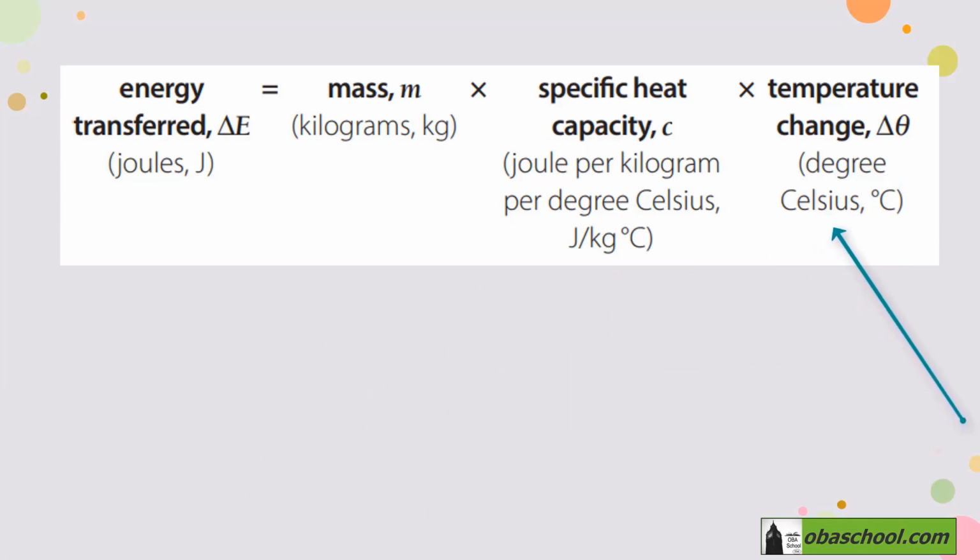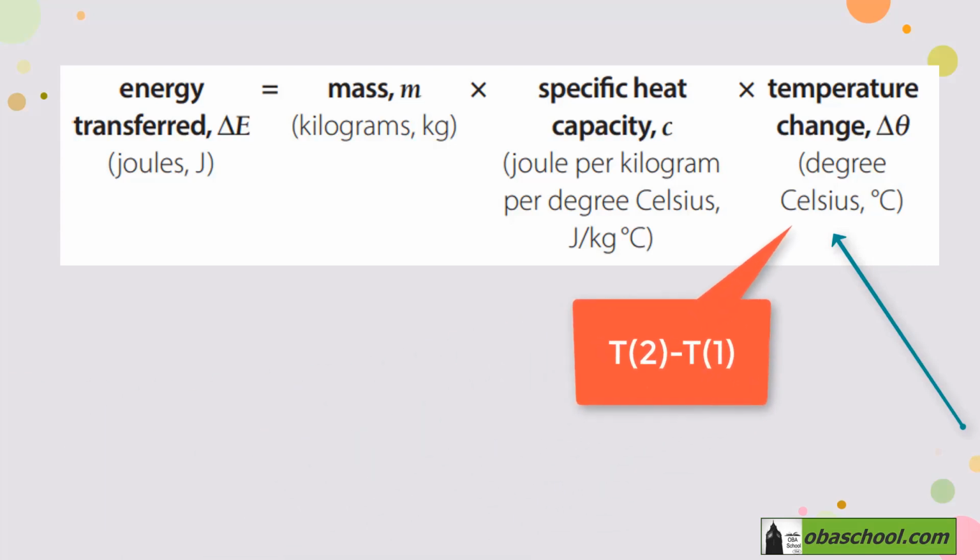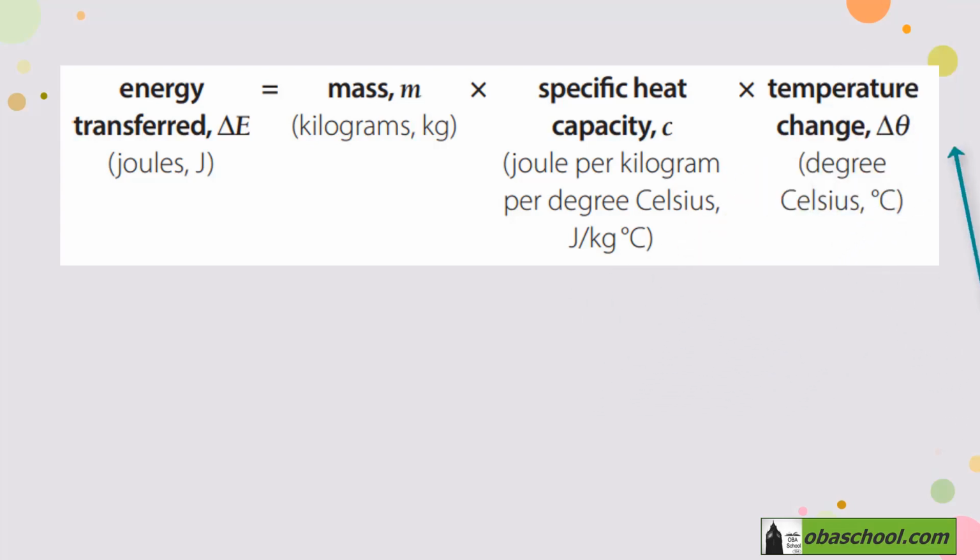multiplied by the temperature change, delta theta, measured in degrees Celsius, or the difference in temperature, which equals T2 minus T1, where T2 is the temperature taken after heating and T1 is the temperature taken before heating.